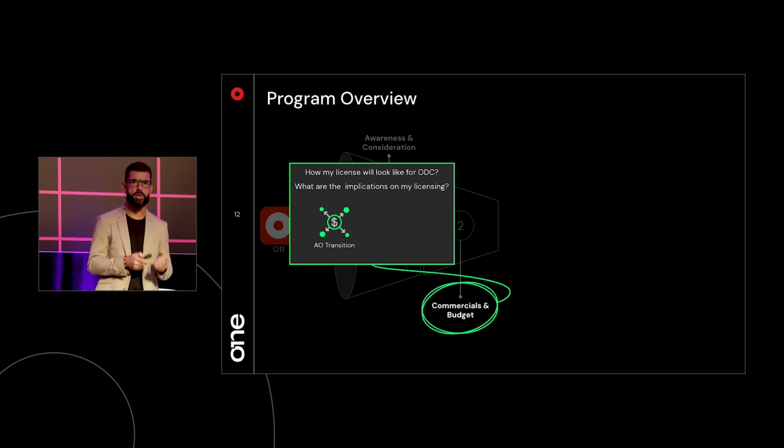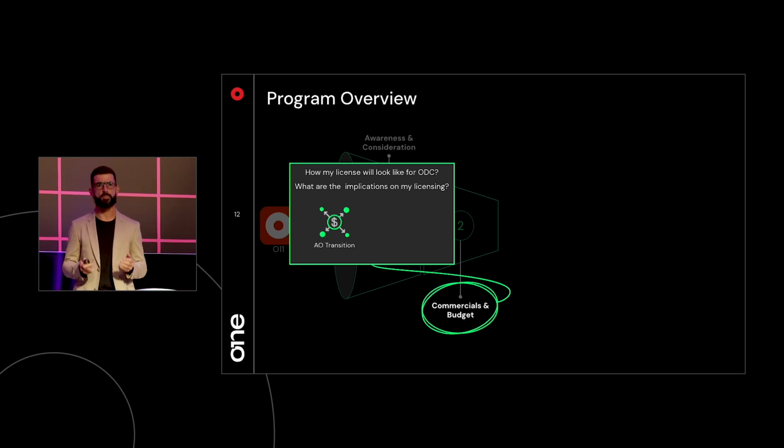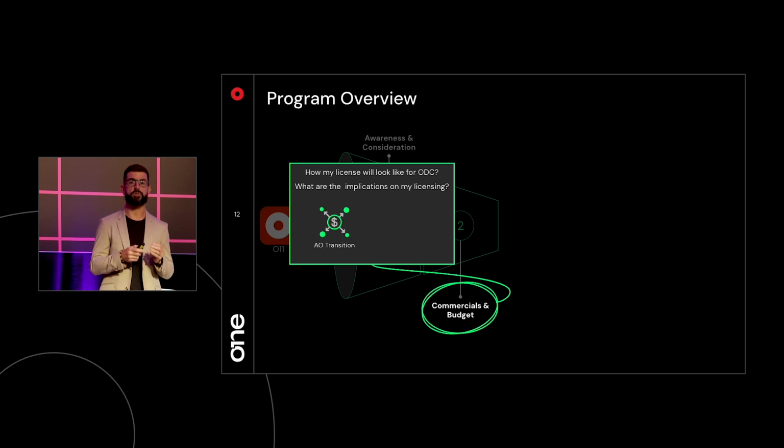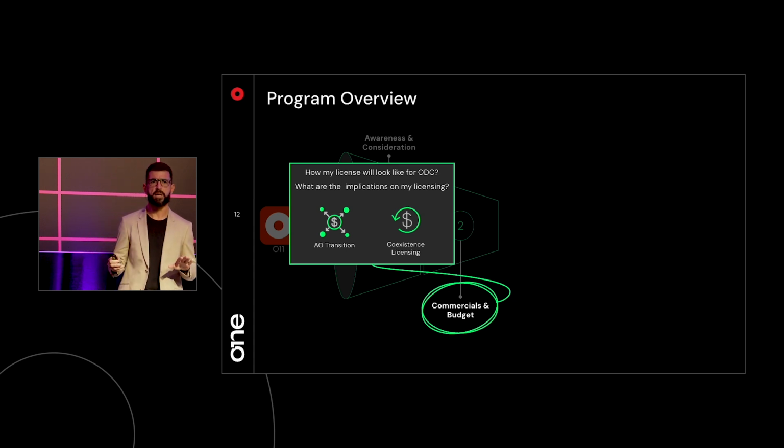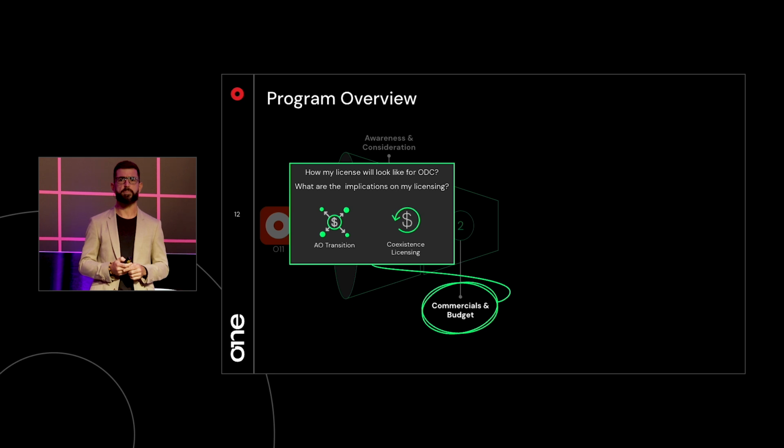And so we are thinking about special pricing conditions that you can transition from a contract standpoint, from one O11 to the ODC contract, so that you can have a predictable and stable contract license throughout the migration journey. And special pricing constructs, while you are in coexistence in parallel, both O11 and ODC, you do benefit from special pricing constructs.